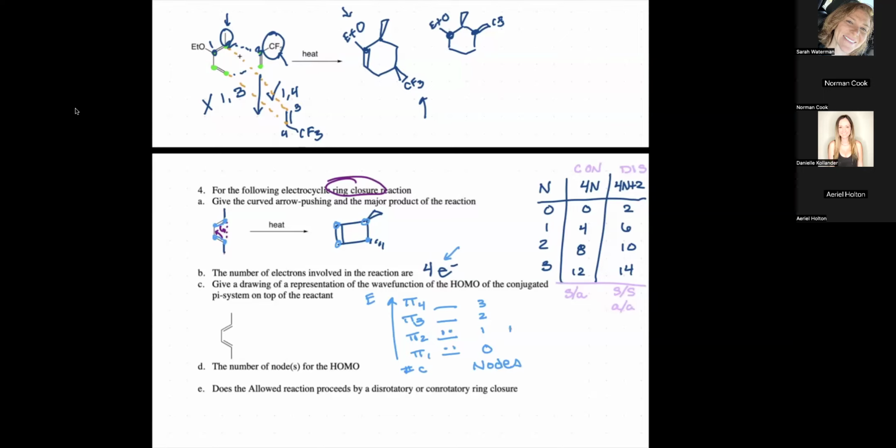HOMO is our highest occupied molecular orbital, and LUMO is our lowest unoccupied molecular orbital. In this case, it wants you to draw the pi bond conjugated system on top of this.